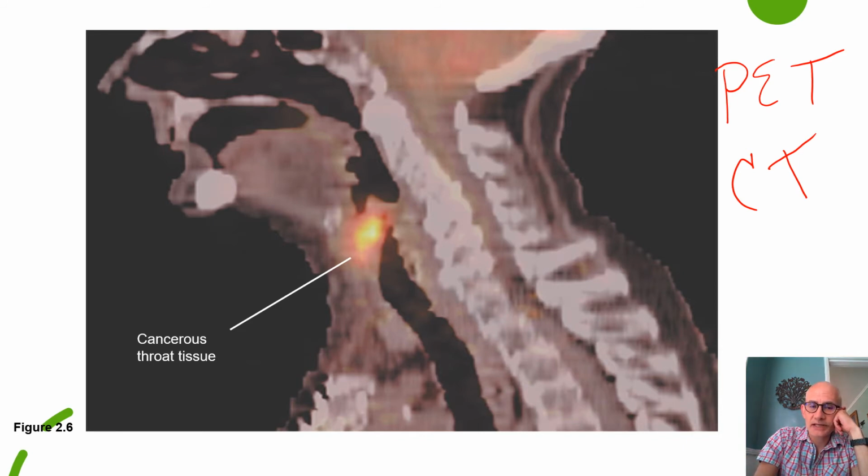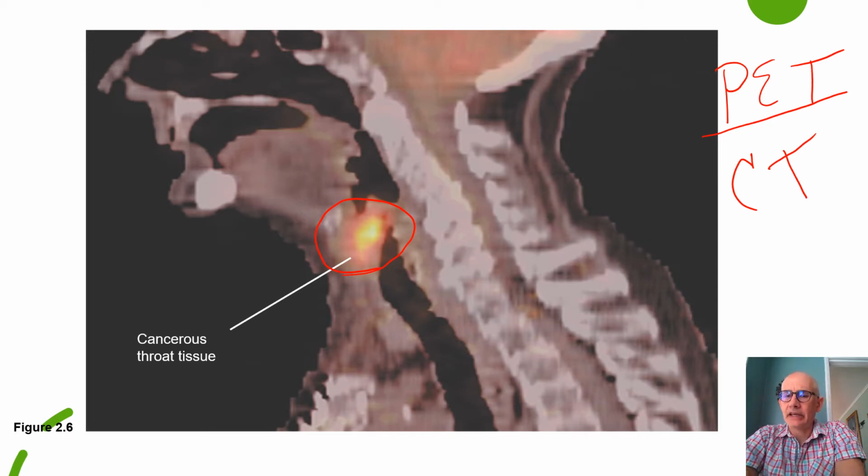Here, this is cancerous throat tissue that was identified using a PET scan and imagery, and so that is probably thyroid cancer. And one of the things that is interesting about thyroid cancer is the way they treat it is they give the person pills that have radioactive iodine in it.